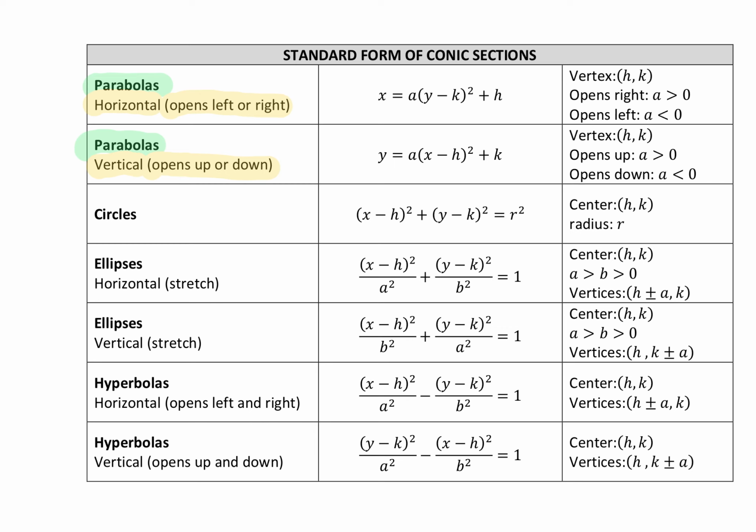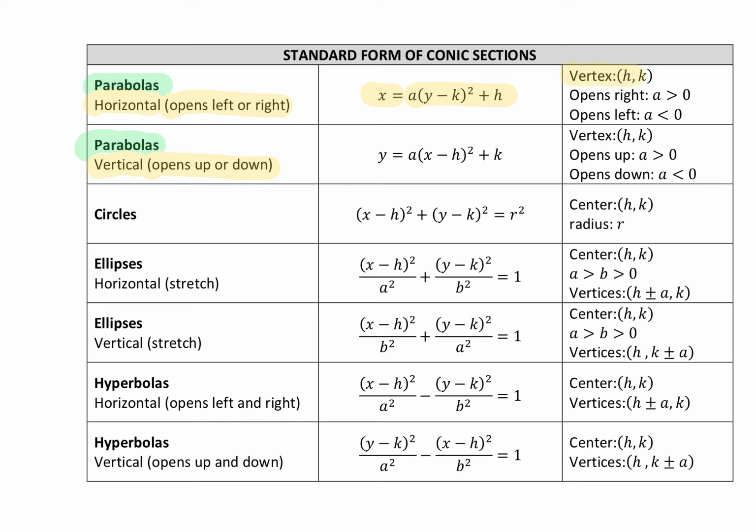If you have a horizontal parabola that opens left or right, what you're going to see is that the x is not squared, but the y is squared. And that tells you it's horizontal. When we say horizontal, we kind of think of the x-axis, which is a horizontal line. So if the x is not squared, it's a horizontal parabola opening left or right.